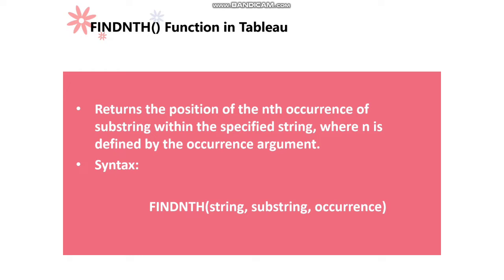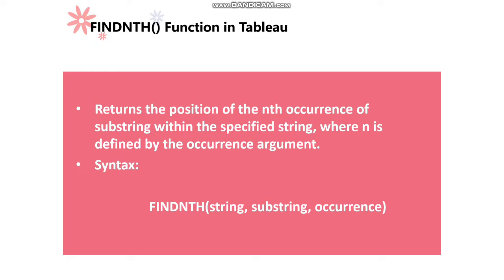So we need to pass three arguments within the FINDNTH function to get the occurrence position of the substring: string, substring, and occurrence. The string is the string we will be passing in.